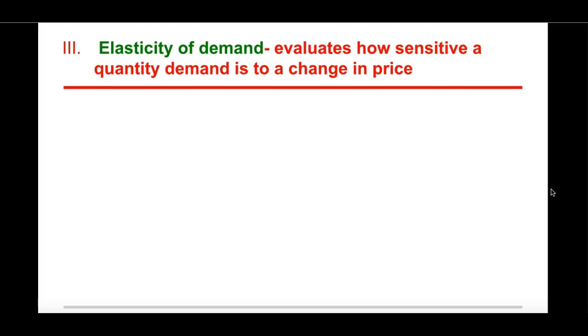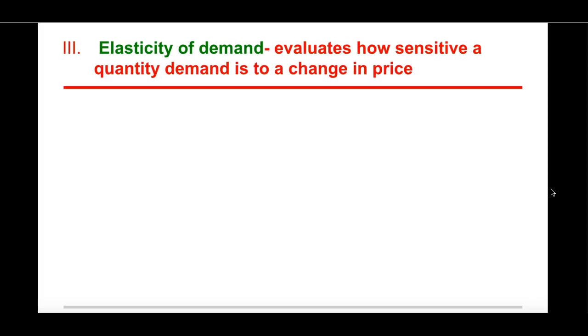This is not asking if the price goes down, what happens to quantity demand? We already know that from the law of demand. The price goes down, what happens to quantity demand? Quantity demand goes up. Price goes up, quantity demand goes down. We already know that from the law of demand. Price and quantity demand are inversely related. That's not elasticity.